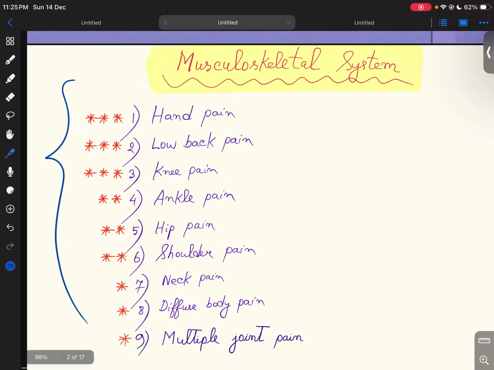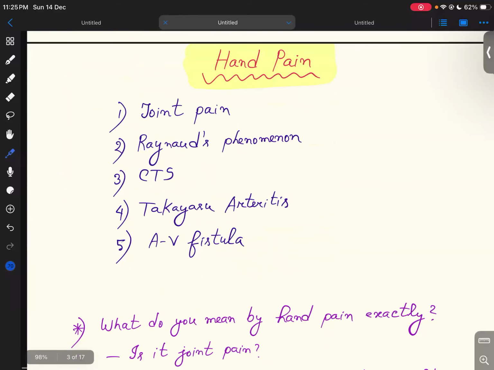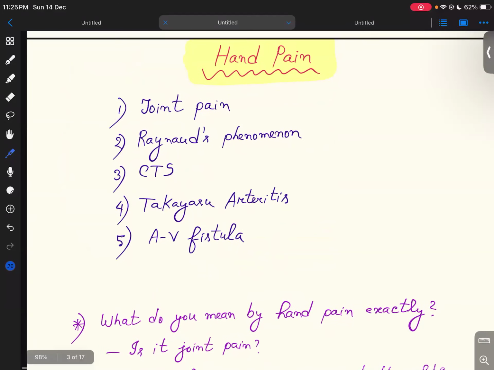So let's start from the first prompt, that is hand pain. So how to approach hand pain? First, let me tell you that in the PACES exam, whenever any hand pain prompt is given, you will never get any diagnosis apart from these five.